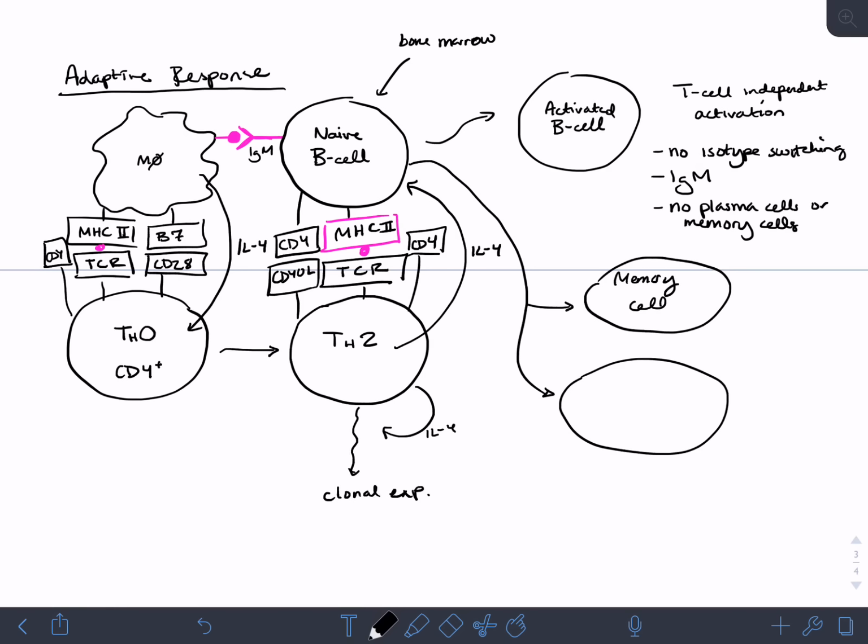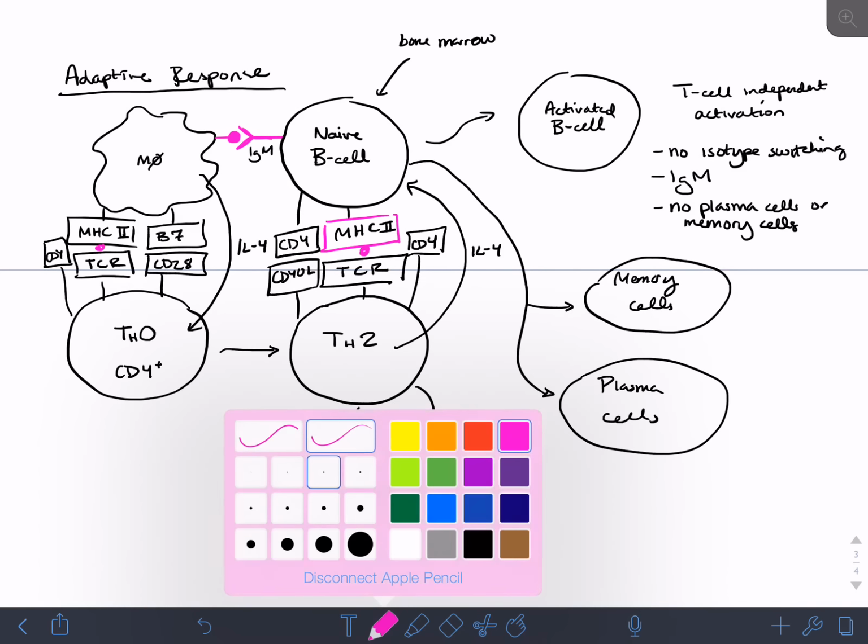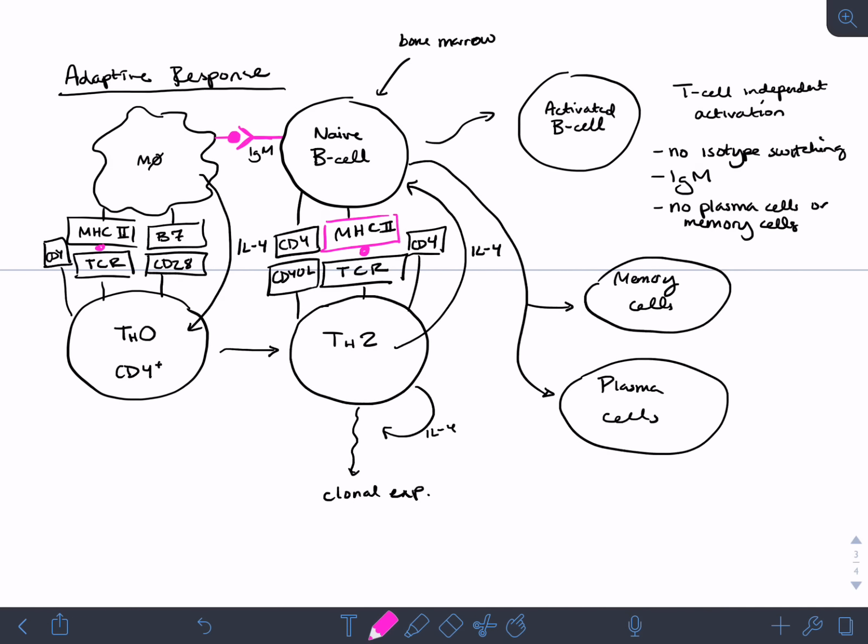Memory cells and plasma cells. Okay, so we know that memory cells, what do they do? We talked about this before, they're just going to go into the bloodstream and exchange between your bloodstream and your lymph, and they're just going to persist. They're going to be specific for this exact antigen which is associated with this bacterial infection, and they're going to continue to exist for the rest of your life.